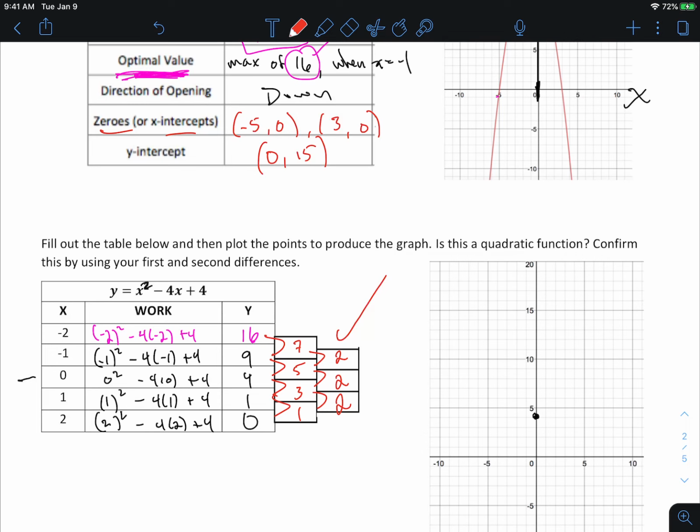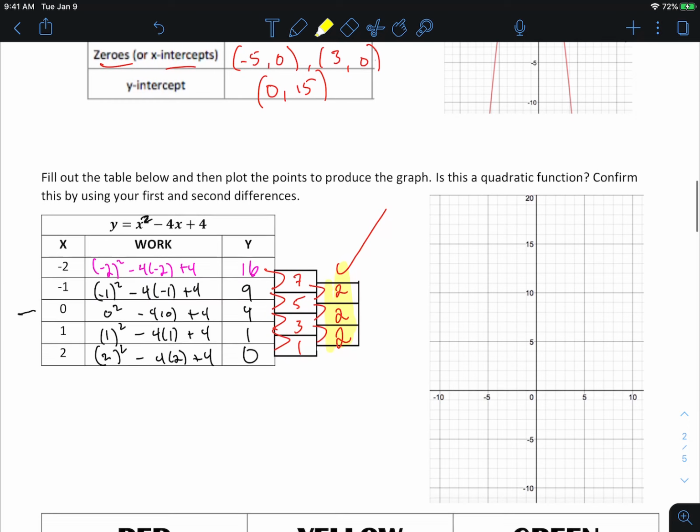Now you know what to expect when you plot this, right? You expect it to be a bit curvy, not a line, because we just determined it was quadratic through the first and second differences. What you're plotting is the inputs versus the outputs.